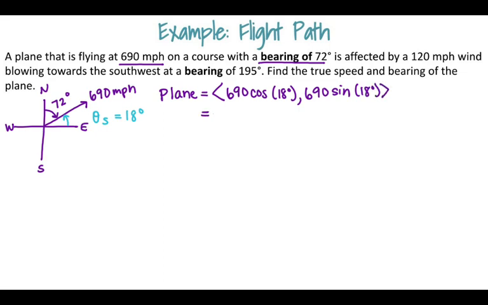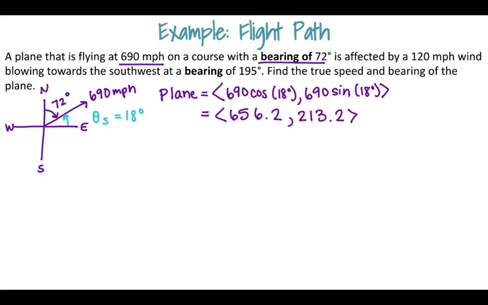Plugging it into my calculator, double check to make sure your calculator is in degree mode. The horizontal component is 656.2, and the vertical component, 690 times sine of 18, is 213.2. So that represents the plane.